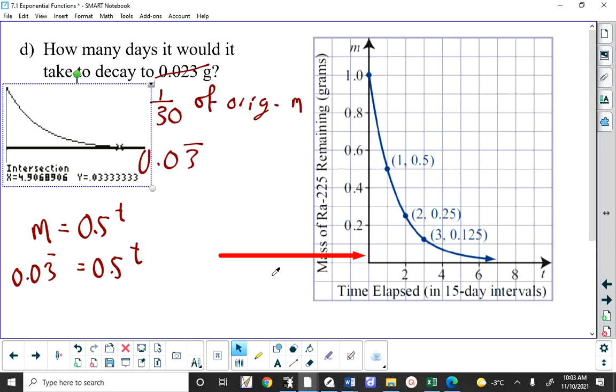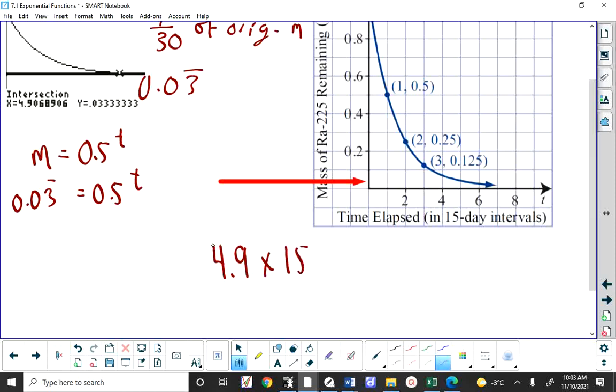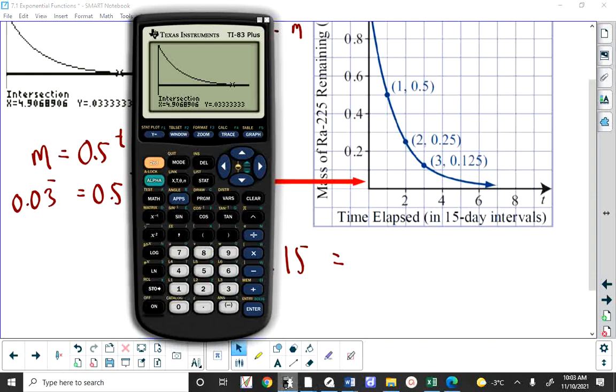That's 4.9 15-day intervals. So we still need to take 4.9 and multiply by 15 days per interval, and we're going to get very close to 75. But I'm going to quit out of here, pull up my x value that's currently stored, and multiply by 15. So the answer is 74 days to the nearest day.